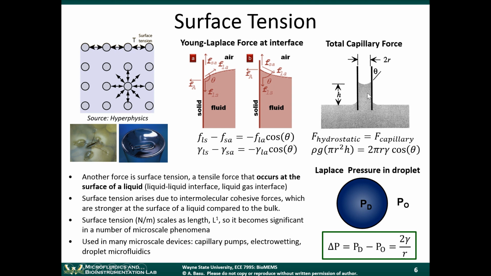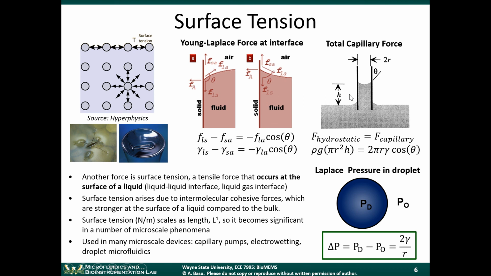The hydrostatic force is given by rho times g times pi r squared h. The way that we get the hydrostatic force is just the hydrostatic pressure multiplied by the cross-sectional area of the capillary. But intuitively, think about this. If we want to get the weight of the fluid in the cylinder, we just take the density and multiply by the volume.